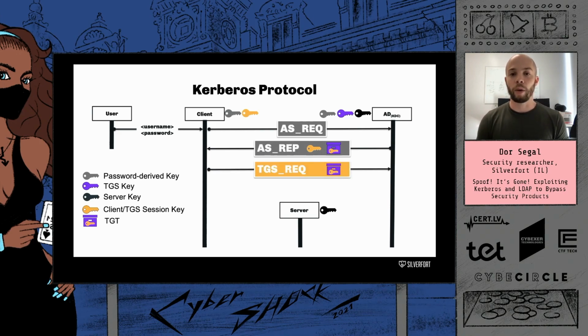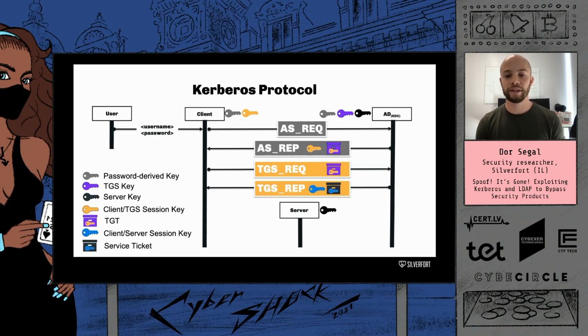Then the client, after its password was evaluated correctly, sends a ticket granting service request to gain specific access to the server. Now, when the request was sent, the domain controller evaluates if the server exists. If the specific service exists, it creates a server session key and a service ticket and sends a TGS reply back to the client.